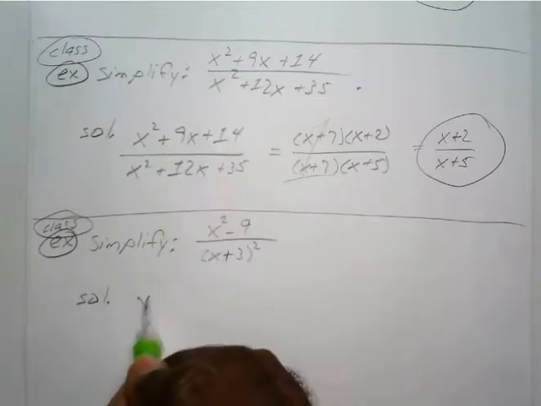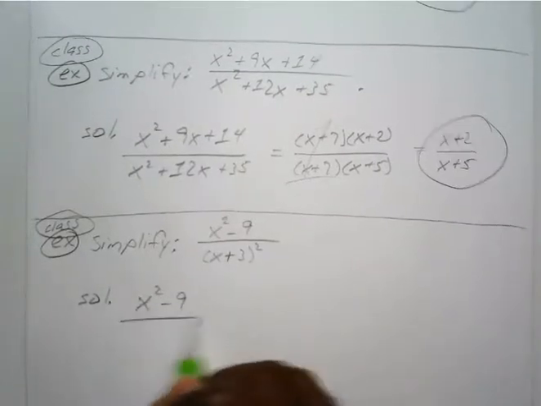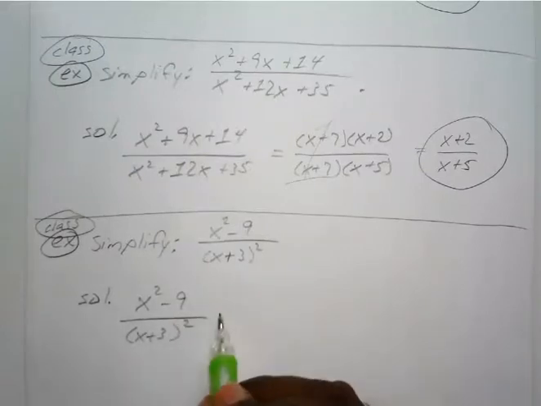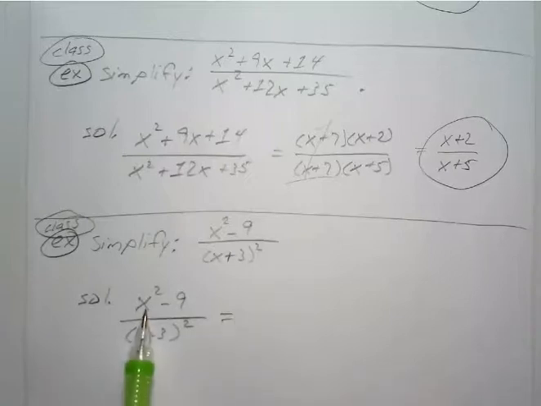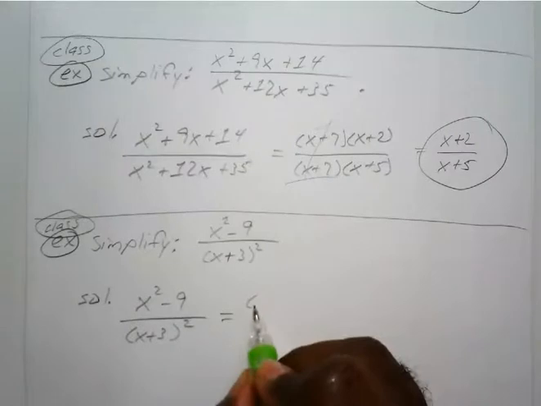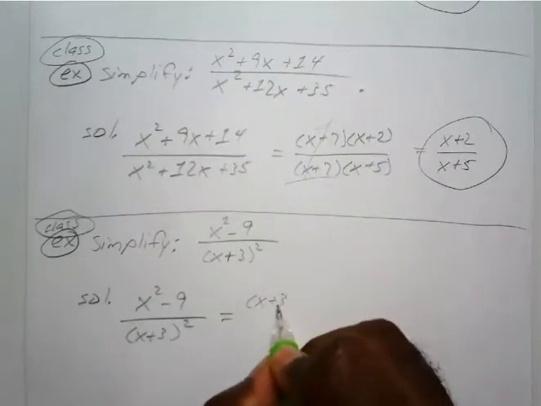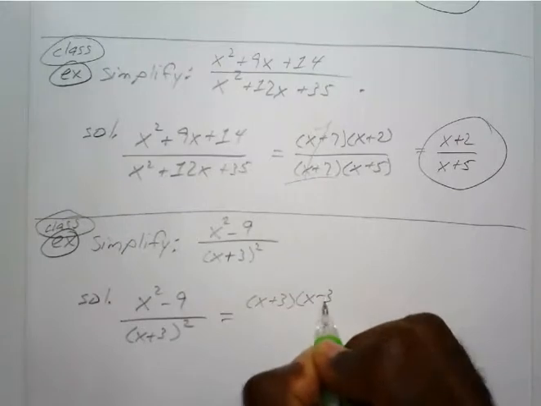So if we have (x squared minus 9) over (x plus 3) squared, we know this is a difference of squares. So it's just x squared minus 3 squared. Leave that there. So we have (x plus 3)(x minus 3).